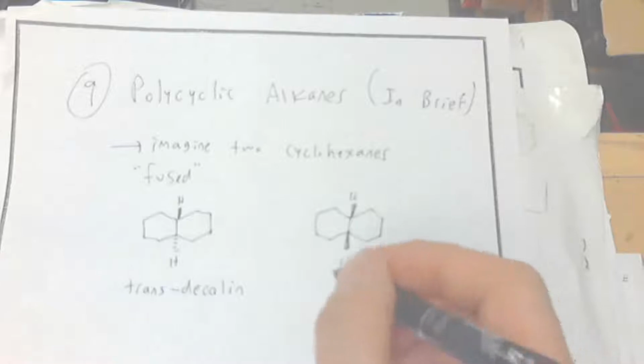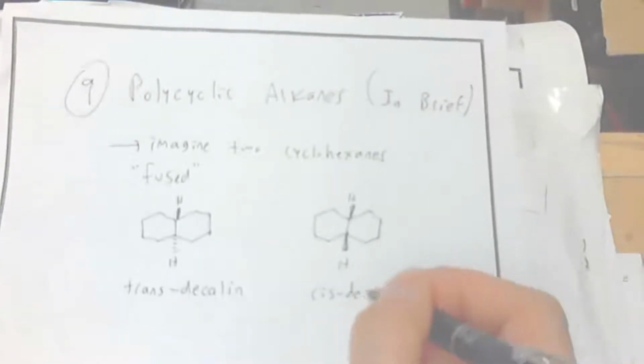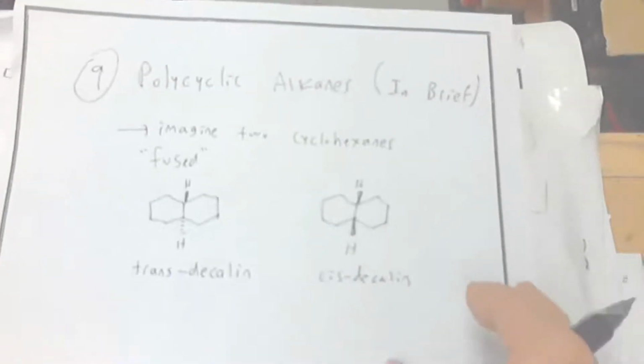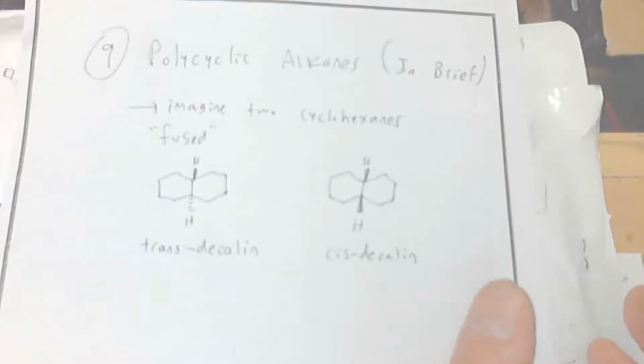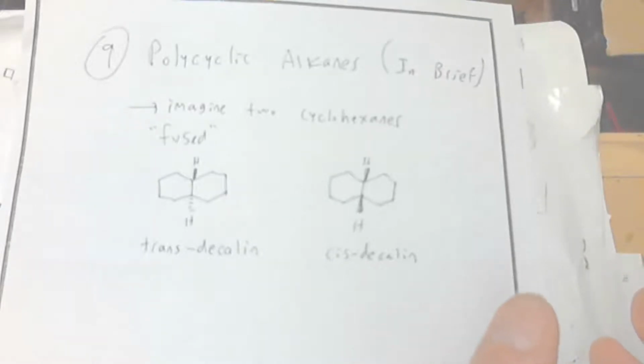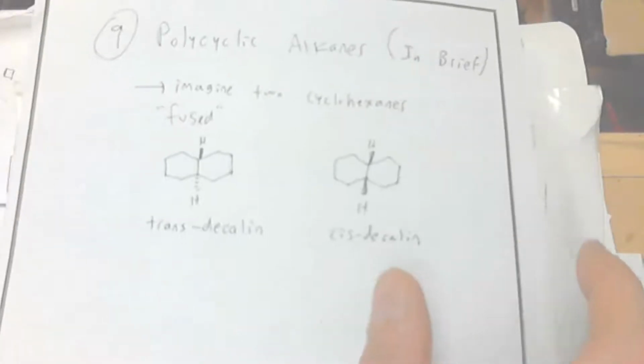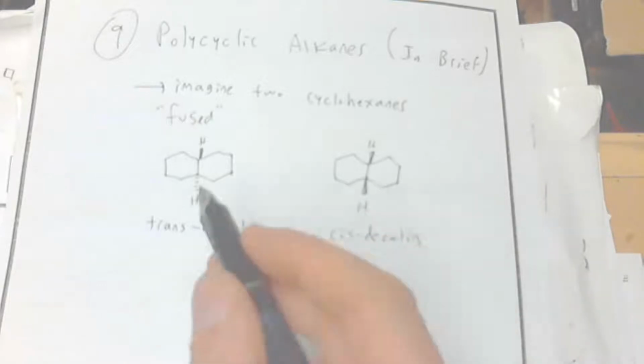The name of this is cis-decalin. All right, those are pretty easy to draw. Any question about this or no? Otherwise, mute. There's a mute button. I'm not going to mute everybody, but okay, so that's cool, right?